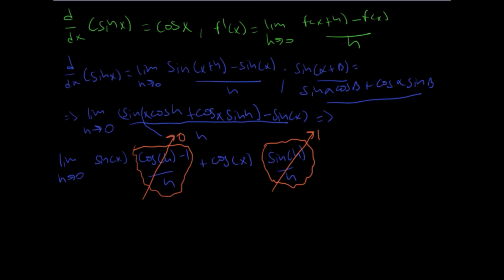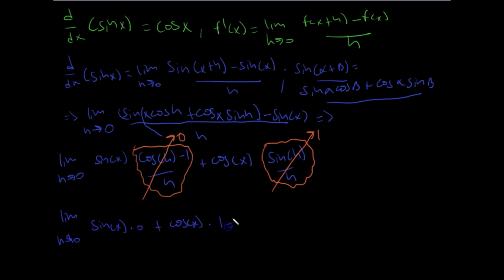Simplifying this, we have that, once again, the limit as h approaches 0 of sine of x still remains, and then this term is 0, so times 0, plus cosine of x times 1.